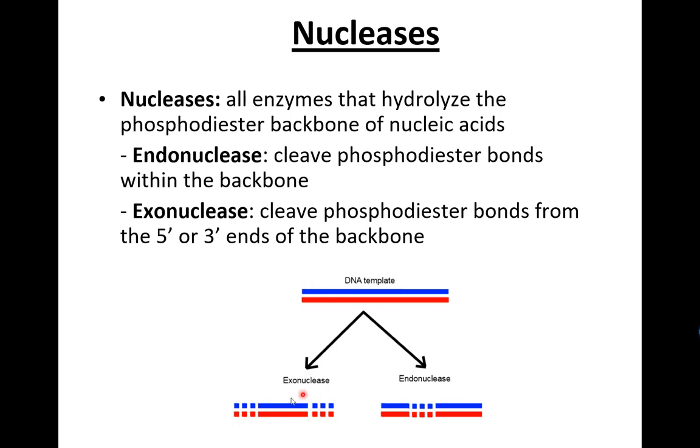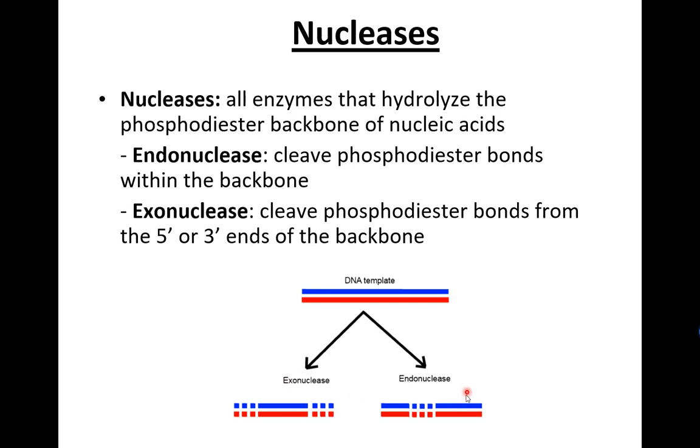Instead, some enzymes, like, if you remember, DNA polymerase I has exonuclease activity, will start degrading the DNA strand, the RNA strand, the primer, from the end. They would do that exactly by starting from the end of the primer. So any enzyme that acts from the end of a nucleic acid will be referred to as an exonuclease.